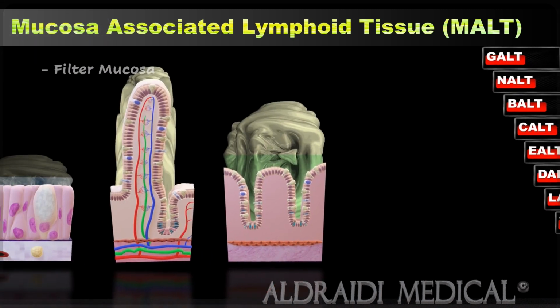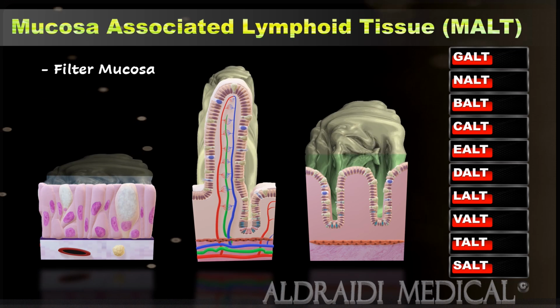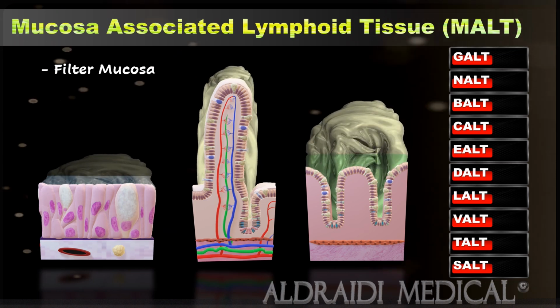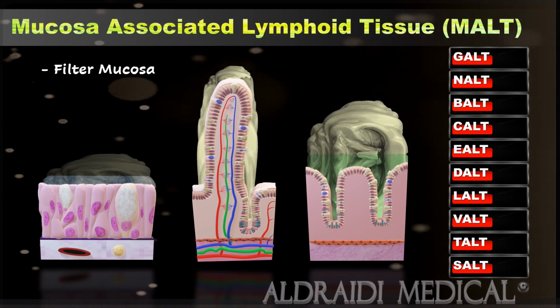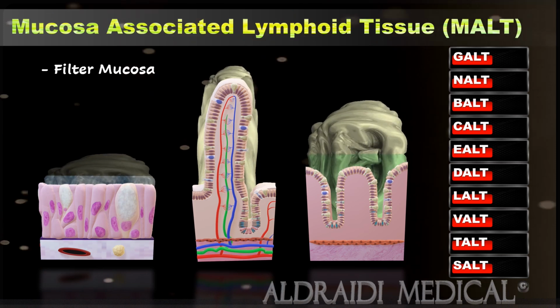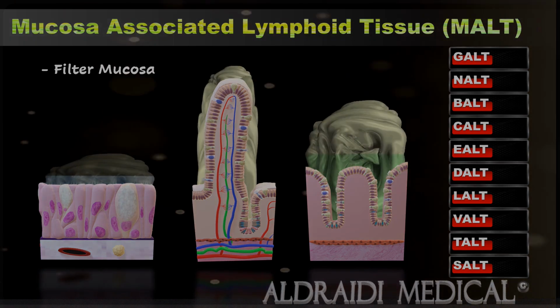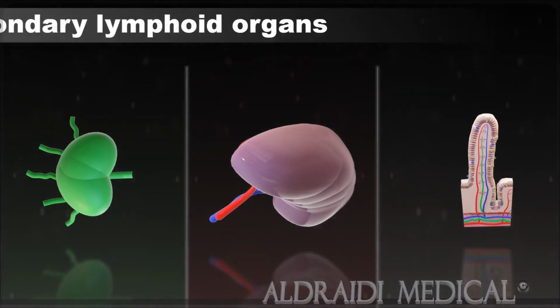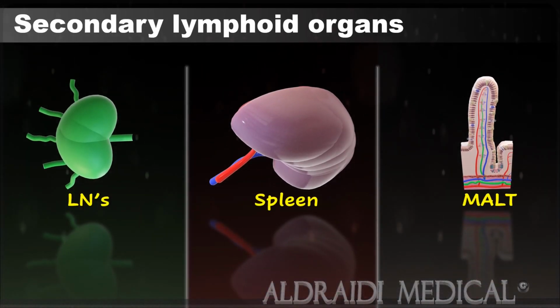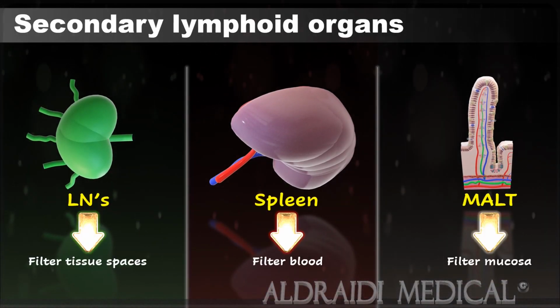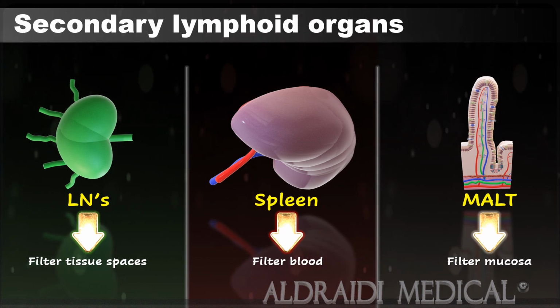The mucosa-associated lymphoid tissues in general have one thing in common, which is being responsible for filtering antigens encountered along the mucosa. So these secondary lymphoid organs altogether filter our tissues and body fluids and receive the filtered antigens.